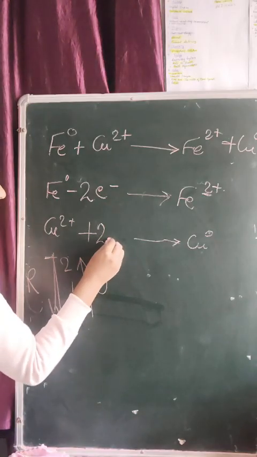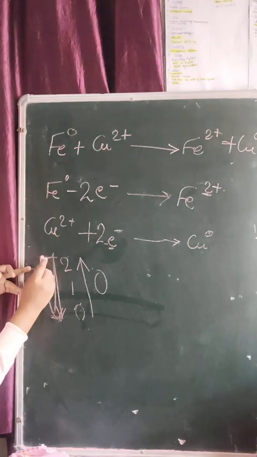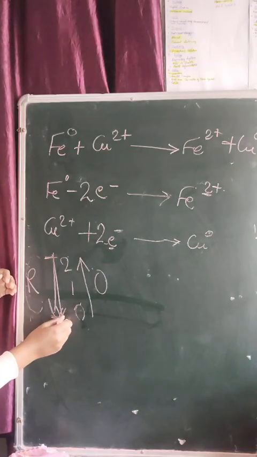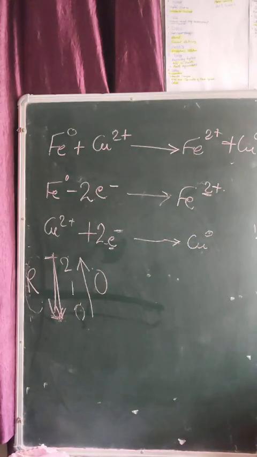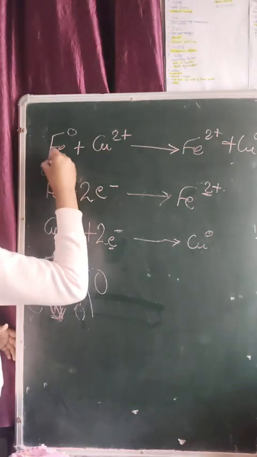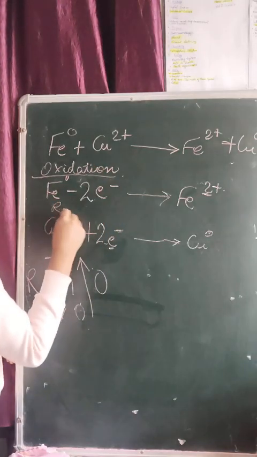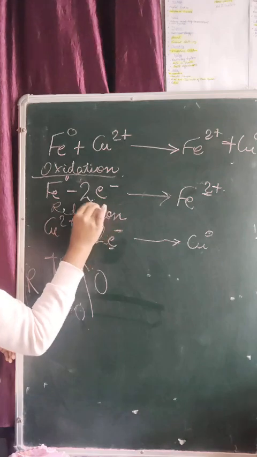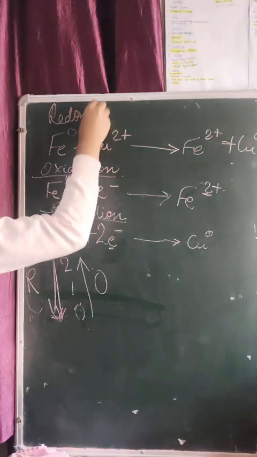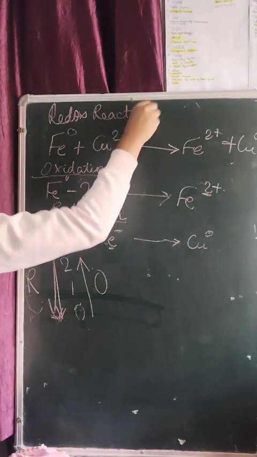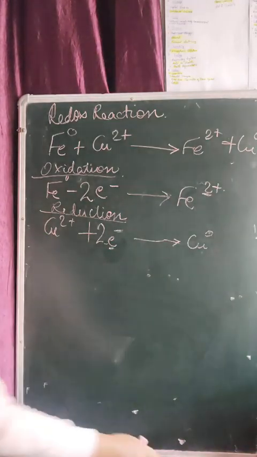It is taking 2 electrons, going from 2 to 0. So this is oxidation, this is reduction, and this is the redox reaction, because both oxidation and reduction are taking place simultaneously.